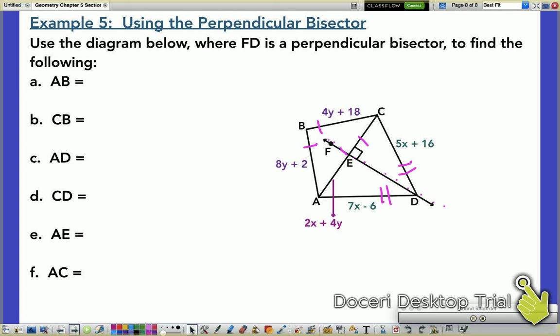It also means those are congruent. So when you look at it, you're not going to set 8y plus 2 equal to 7x minus 6 because you have a y and an x. You're going to set the y's equal to each other and the x's. And this one has both an x and a y, and we'll deal with that in a minute. And then it wants you to find all the values.